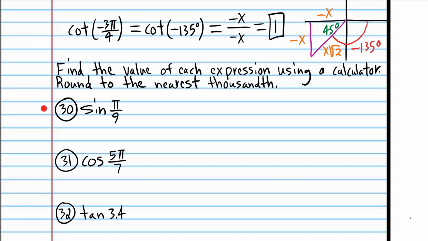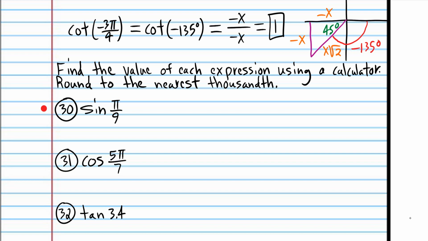So now let's use the graphing calculators to find sine pi over 9. Push the sine button, then push the blue second button at the upper left, and then push the upside down V button below the clear button. You see that blue pi there? It's the upside down V button.